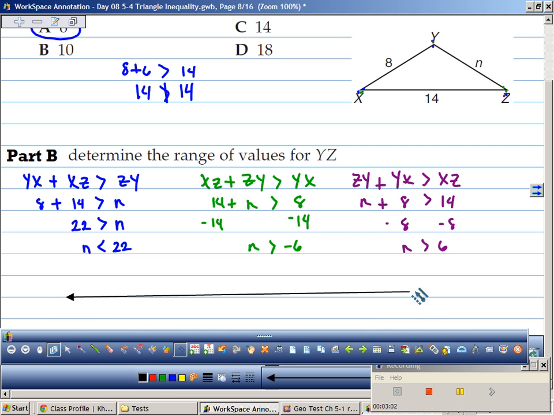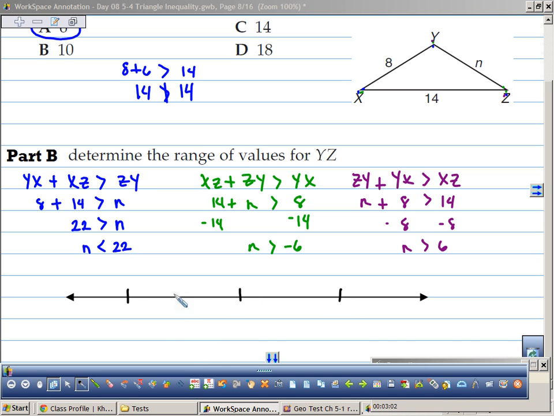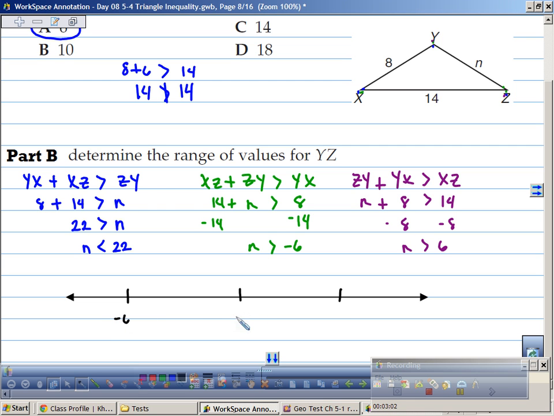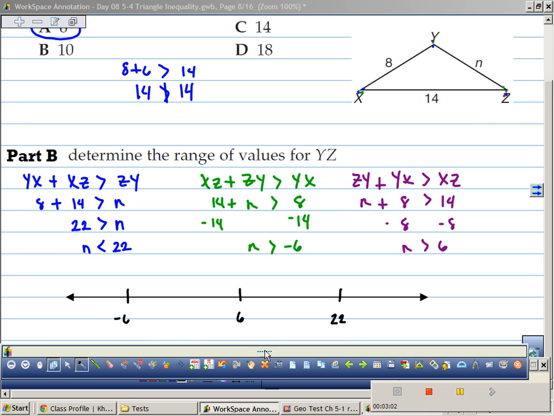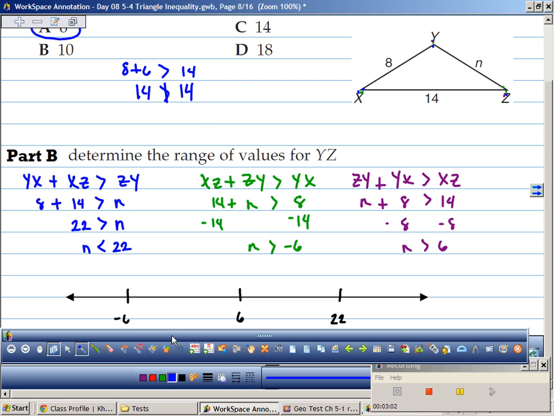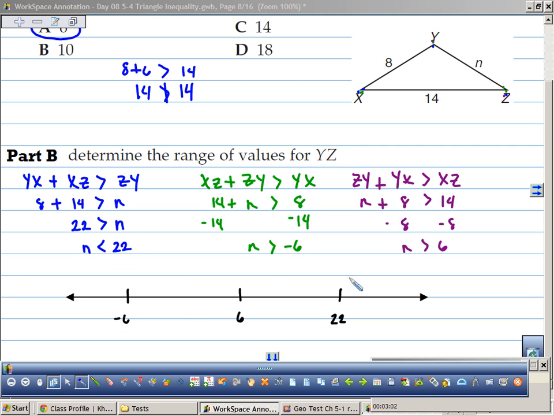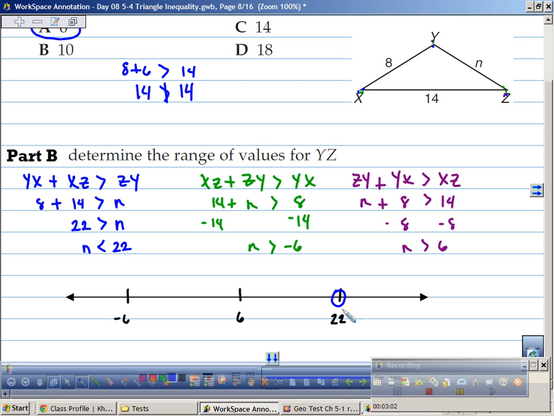We'll make sense of it in just one second. So we're going to talk about the range. Now, I don't need a bunch of numbers on a number line because I'm really only talking about 3 numbers. What's the lowest number? You guys remember how to graph an inequality on a number line? So how do I put n is less than 22? Open circle or closed circle? Open. I'm going to show you a different way to plot these. Another teacher showed me this, and I really like it.